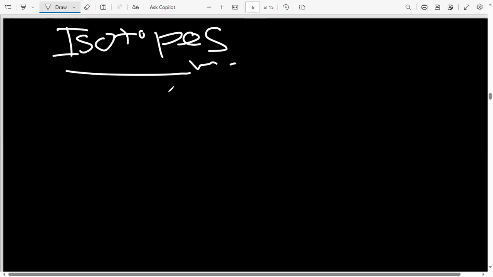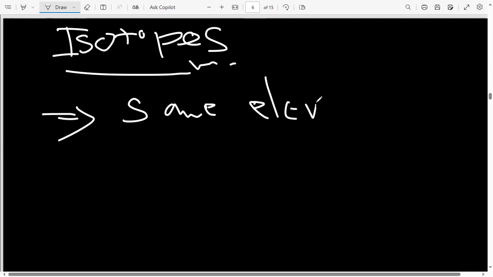If the neutron number is different, it means even the mass number will be different. Same element here means they have the same proton numbers, or the same atomic numbers.